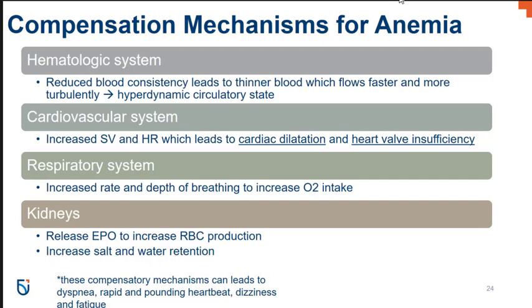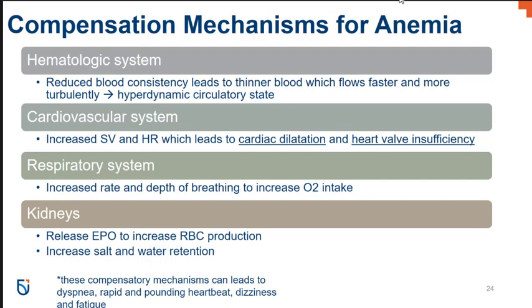Looking at the top here, and our kidneys as well, which we'll look at last, with the hematologic system, one of the issues that we will see in somebody who's anemic, remember, in many cases of anemia, they have less red blood cells circulating throughout their body.